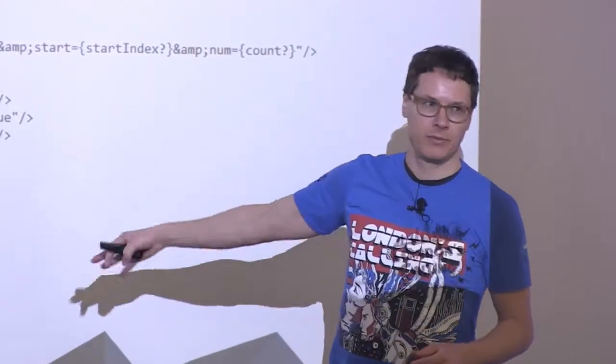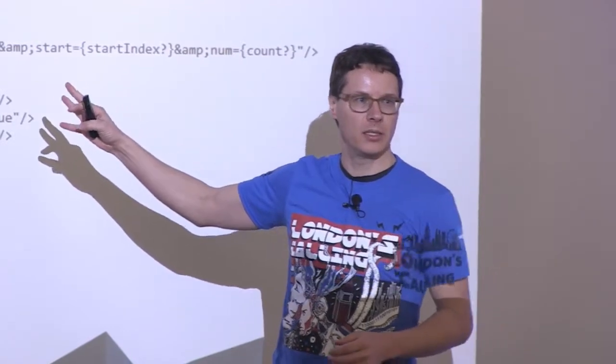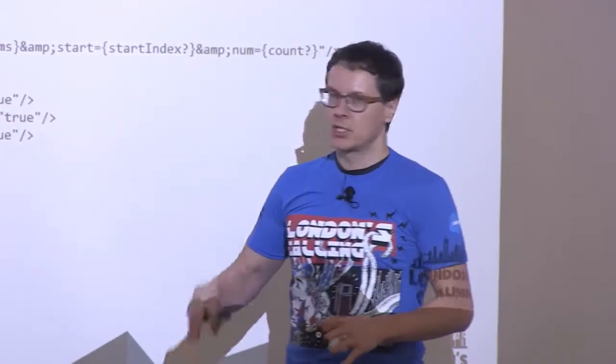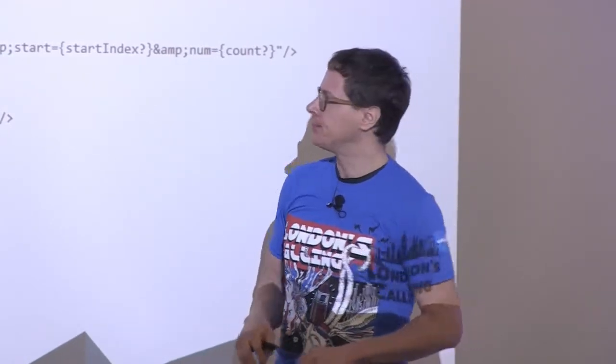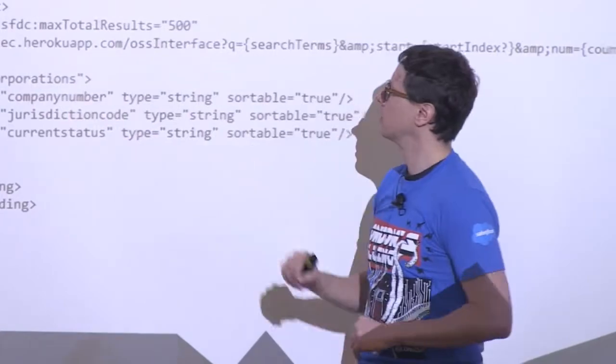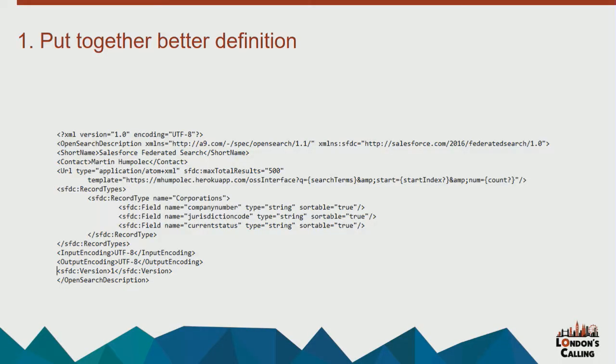So again, we start with putting together the OpenSearch description file, which is a bit more complex in this case. Here is my Heroku server, and here, this section is new. I can set up new record types, and I can define my fields for the external object I will create.